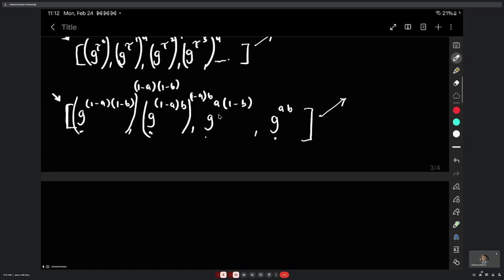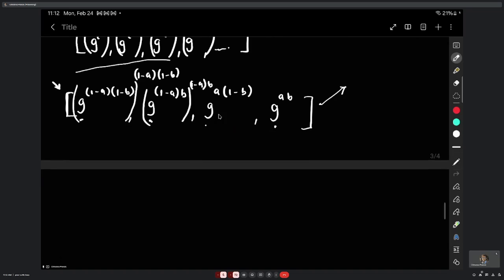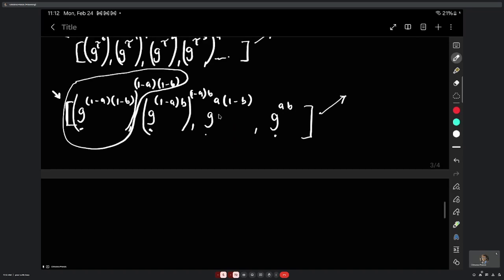Let's now expand this, because this is multilinear. But wait, let's just do something. What does this actually mean?